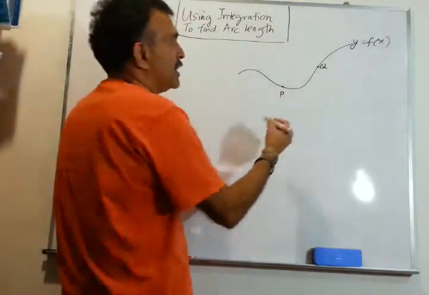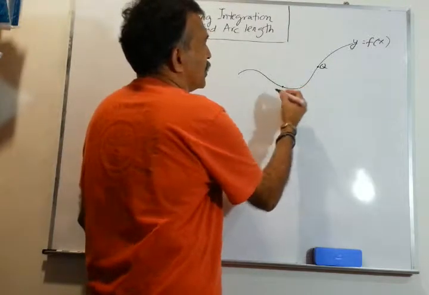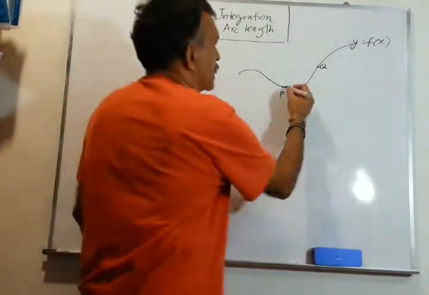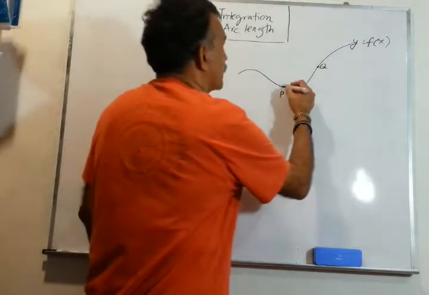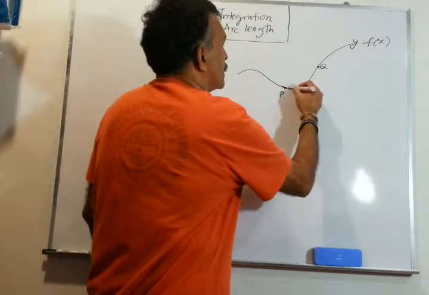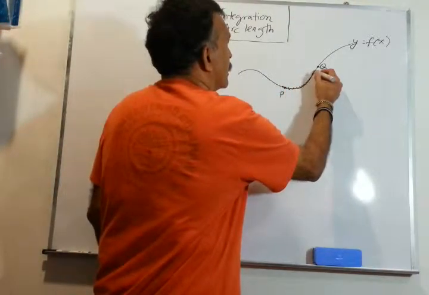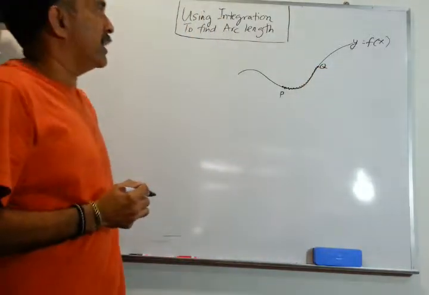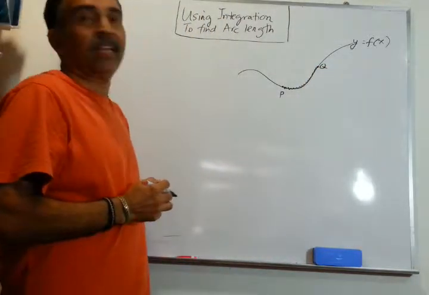So let me just do a wriggly line a little bit so that you know exactly what we're trying to find. Okay, we want to find the length of that arc.